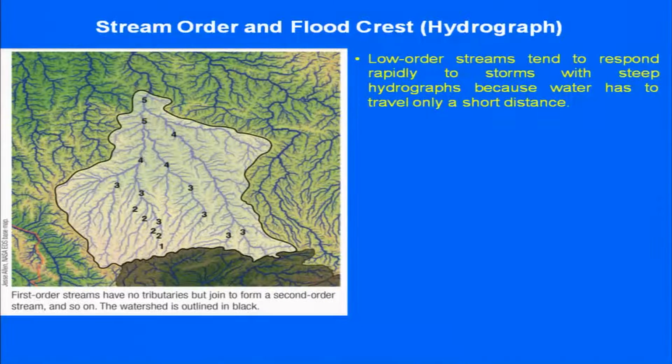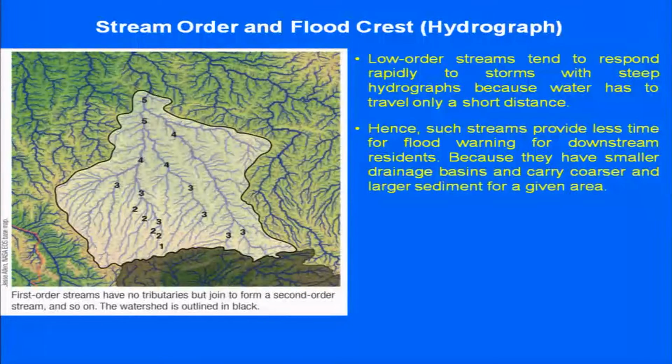So it will get into the flooding state very fast, because water has to travel only a short distance, but in the case of the higher order stream, it has to travel a longer distance. This is the reason that such streams provide less time for flood warning for downstream residents.